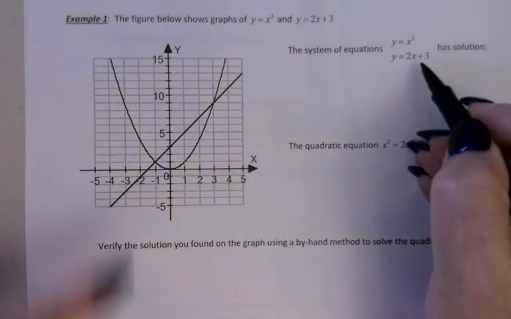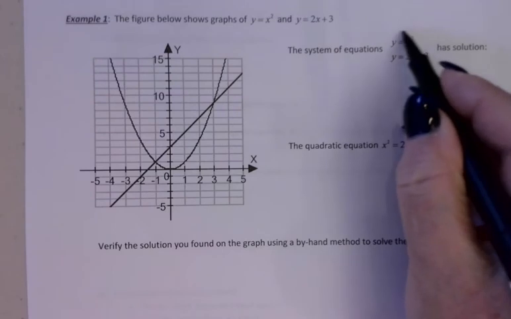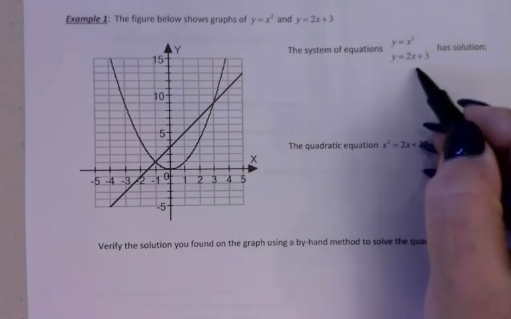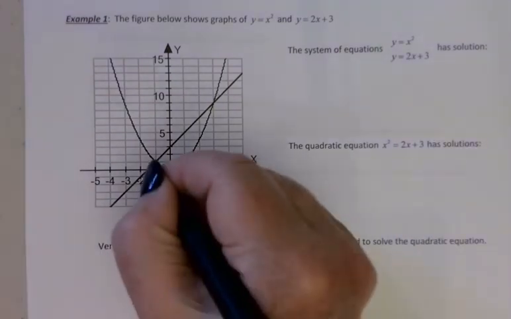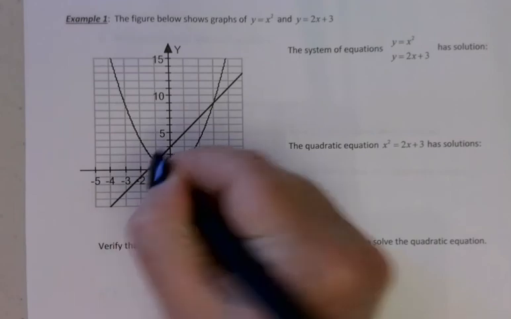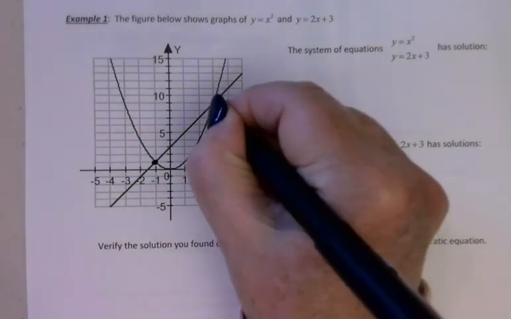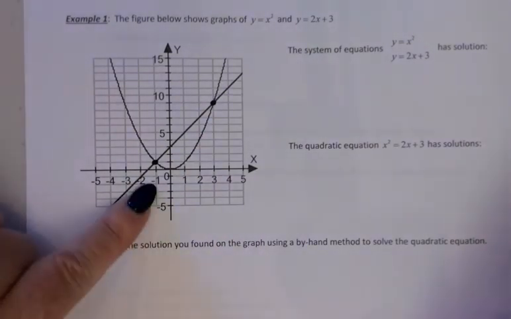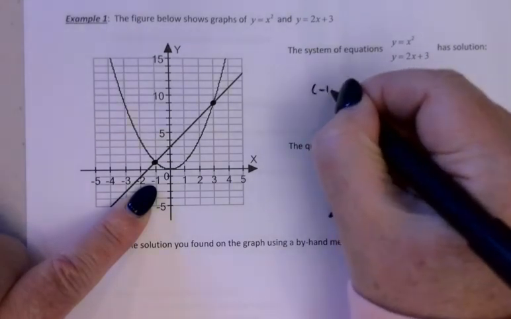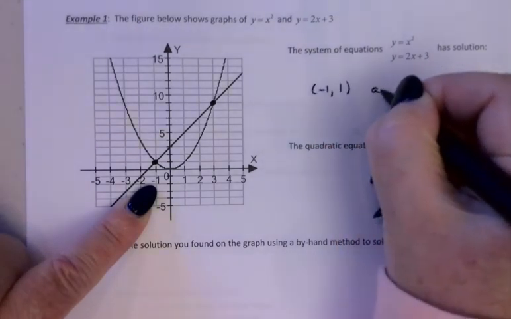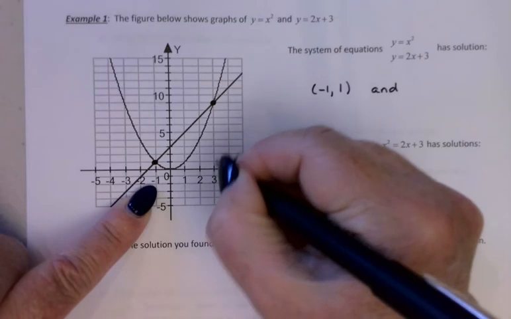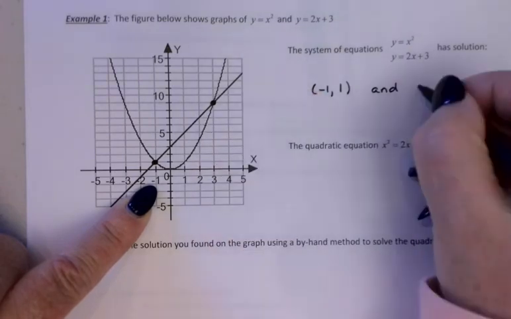Just by looking at this graph, we can see that this system of equations has two solutions. There's one intersection point over here and another one there. It looks like they are (-1, 1) and (3, 9).